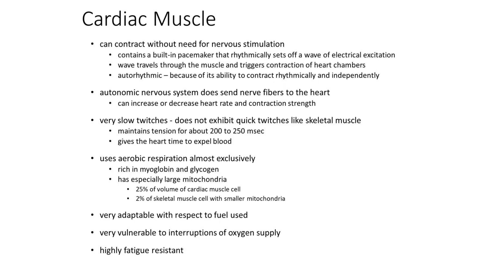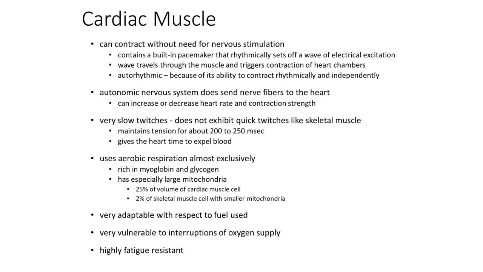There are very slow twitches; it does not exhibit quick twitches like skeletal muscle. Our heart functions differently than our skeletal muscle. It maintains a tension for about 200 to 250 milliseconds, and this gives the heart enough time to expel the blood.